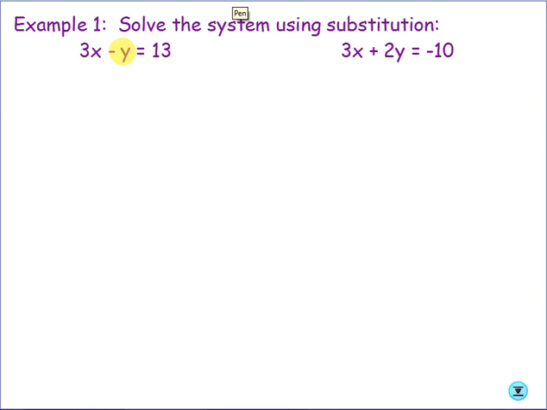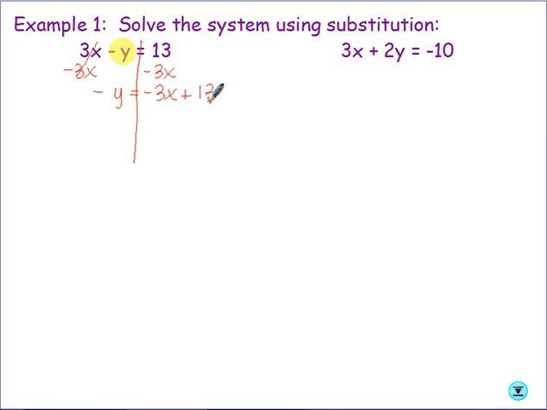We want to get that letter by itself. So I'm going to put up my line because I know that's helpful to you guys. If I want y by itself, I'm going to subtract 3x from both sides. That leaves me with negative y equals negative 3x plus 13. Now, y is not completely by itself yet.